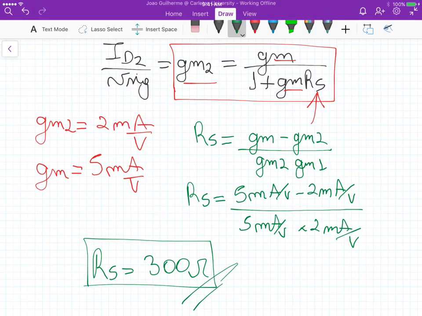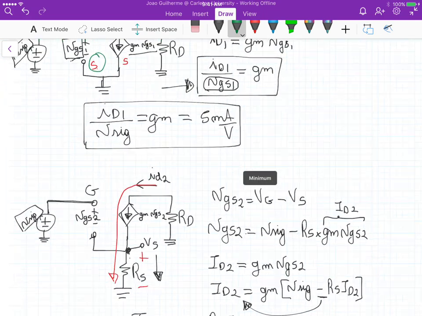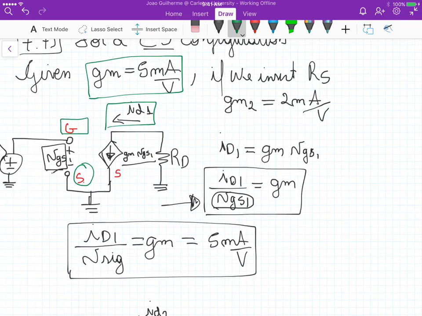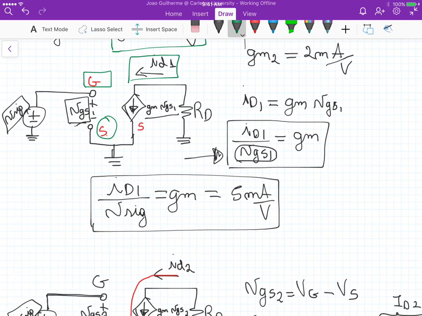Okay, I think it might be confusing, so let me summarize. In the first analysis, ID1 divided by the signal voltage is our first transconductance, the 5 milliamps per volt without the source resistance. That's gm.